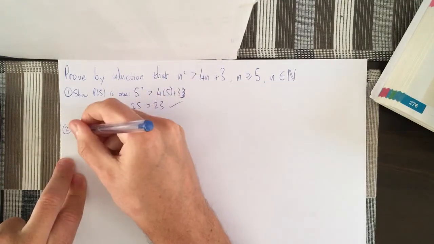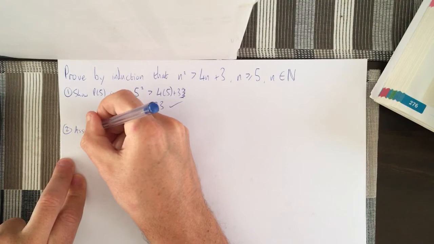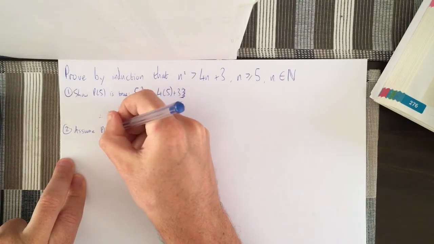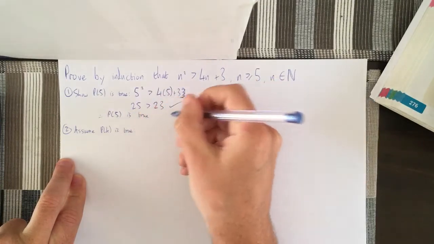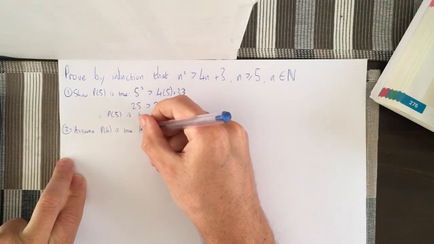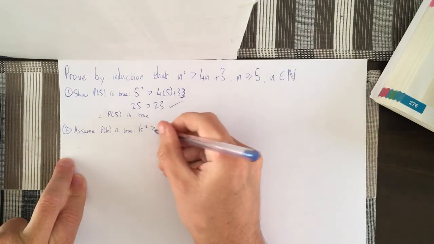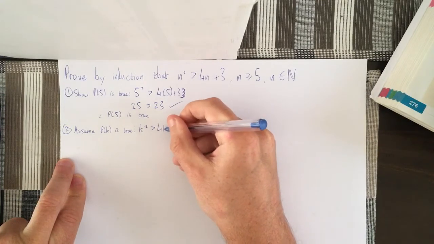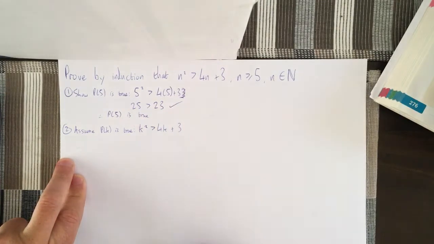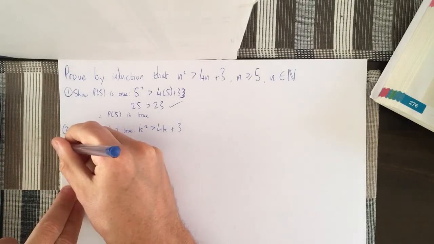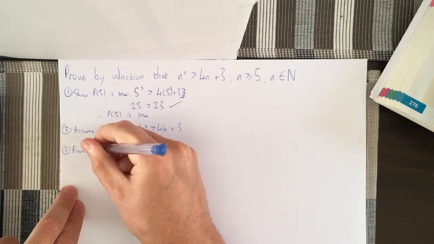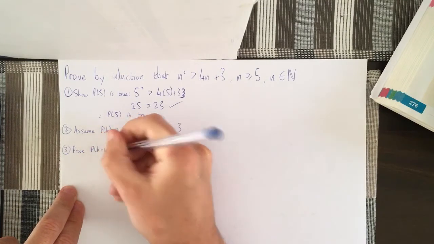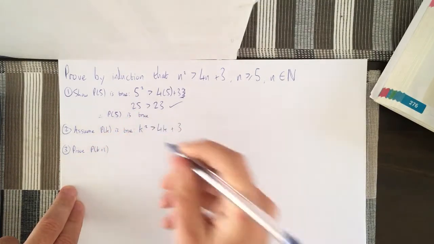Next is to assume Pk is true. So that is k squared is greater than 4k plus 3. Third step, prove Pk plus 1.